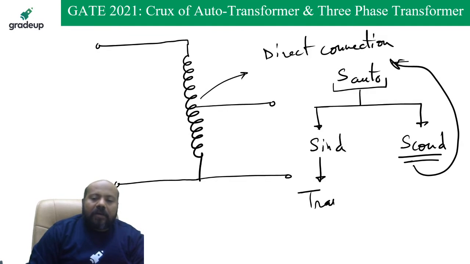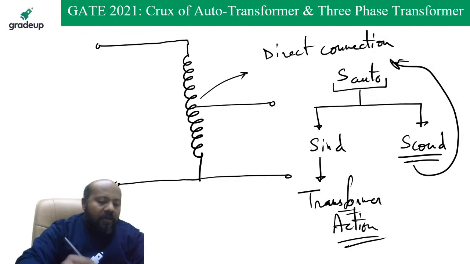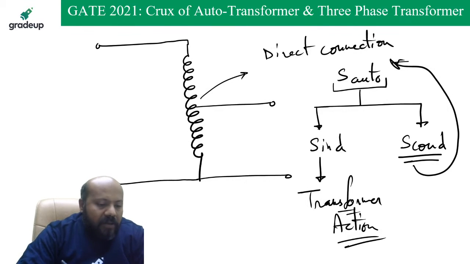If you have read the basic construction and working principle of transformer, you must know what transformer action is. Can you tell me what is transformer action? In the most simple language, transformer action is that you are connecting a load in one circuit and you are supplying current or power to that load by connecting a source in the other circuit.